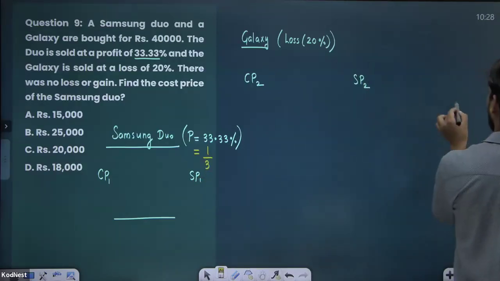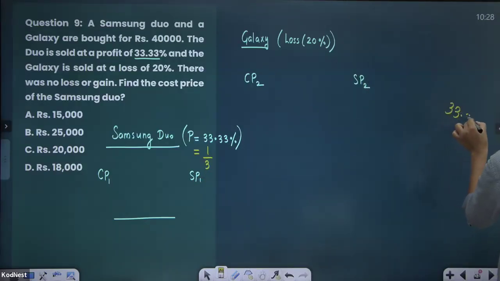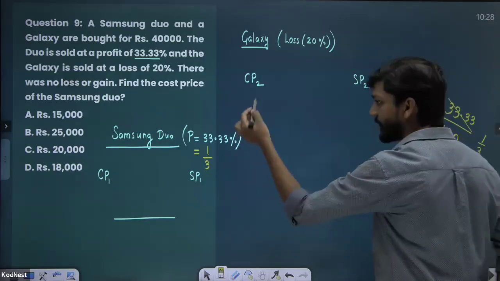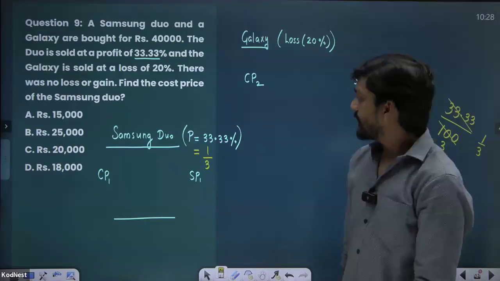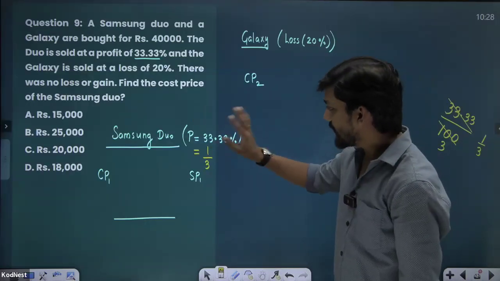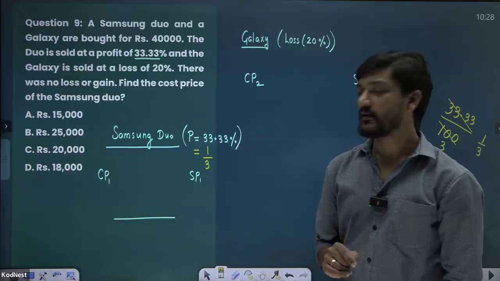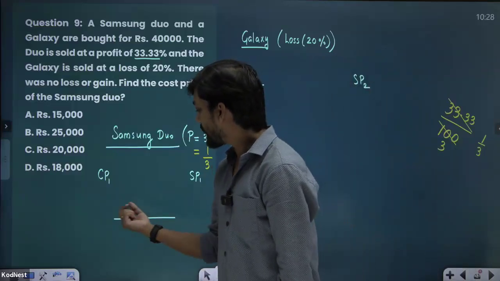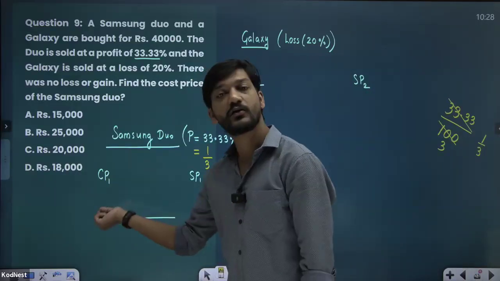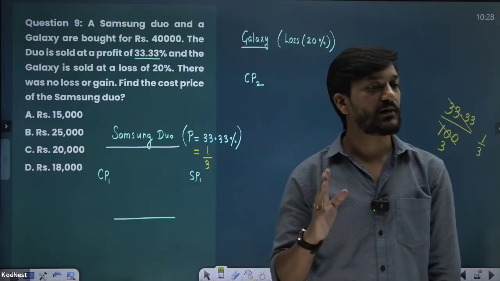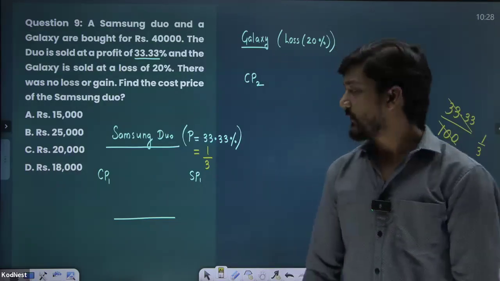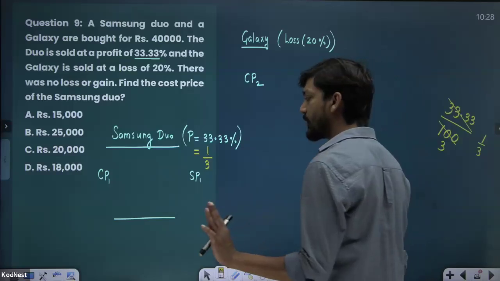Think of it this way. 33.33 per cent. Per means divide, cent means 100. Solving this, you will get 1 by 3. So profit is 1/3. That is the meaning. The cost price I don't know, but profit is 1/3 of the cost price.